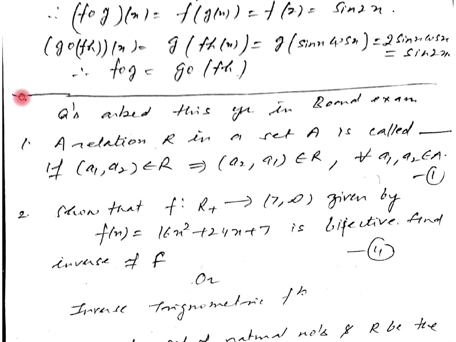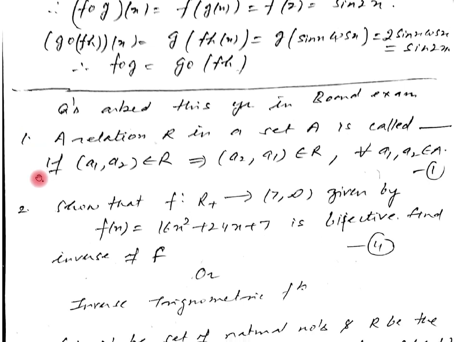Now I am telling you the questions asked this year in the board examination. The distribution of marks of this unit and the next unit: the first unit is relations and functions, the second is inverse trigonometric functions. The total distribution of marks of these two units is 10 marks. This year, the first question asked from this unit is a 1 mark question.